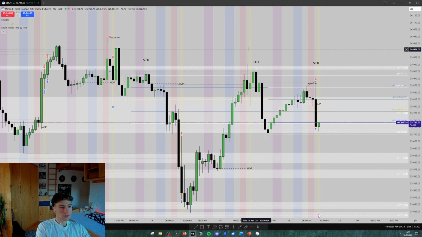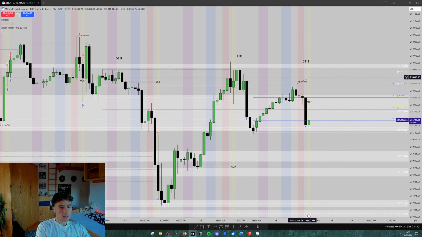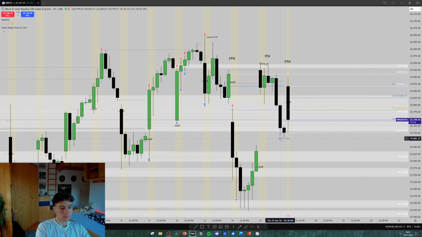Therefore, I expect the high right here to be in play if we expect lower prices, and we can expect lower prices reaching for the sell liquidity right here, which will eventually lead to us completely filling in the regular trading hours gap from Thursday if we have a bearish bias.